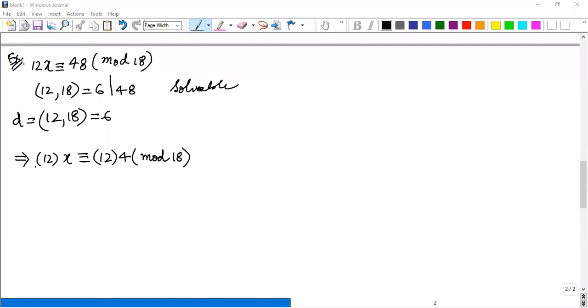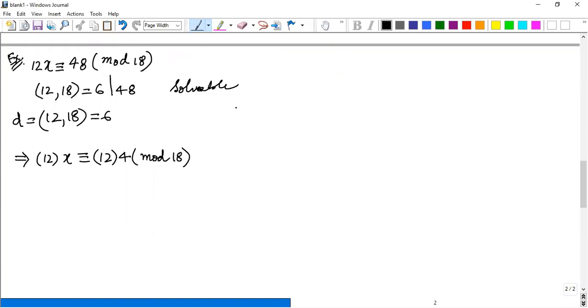So 12 is a common factor on both sides, so we can divide the whole congruence by 12. But in that case, we have to divide this m by the GCD, which is 6.